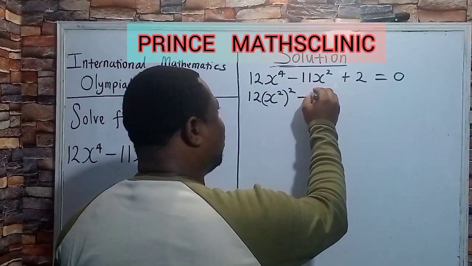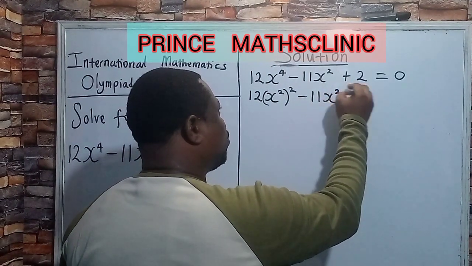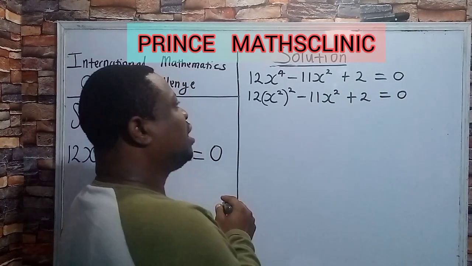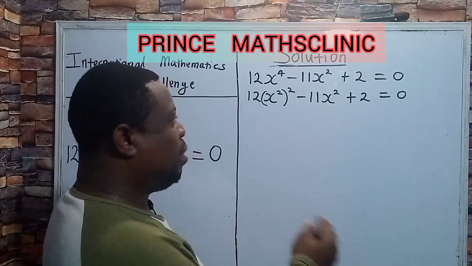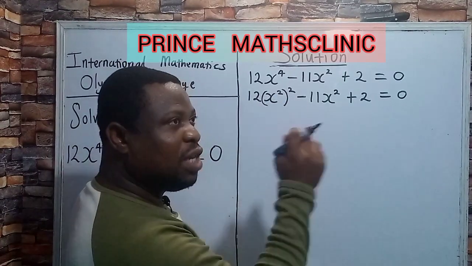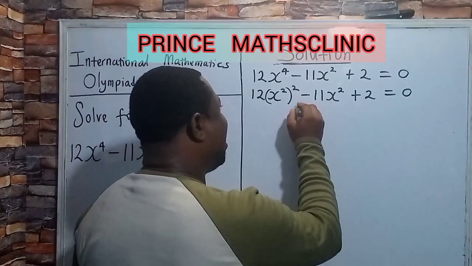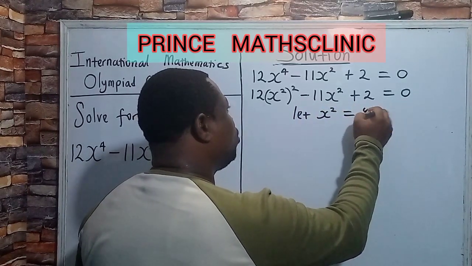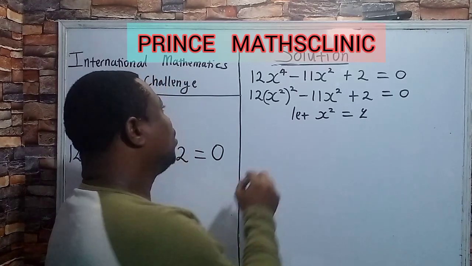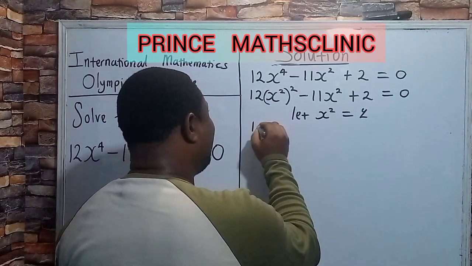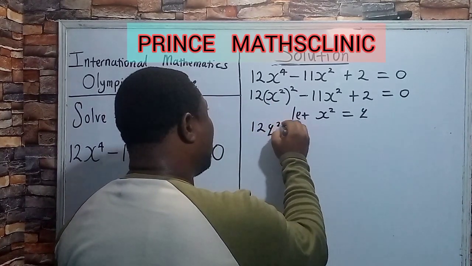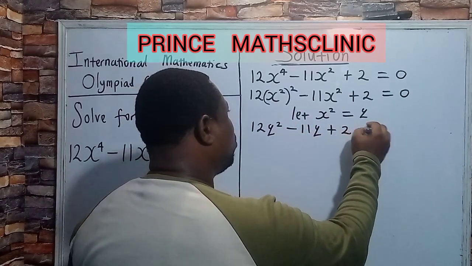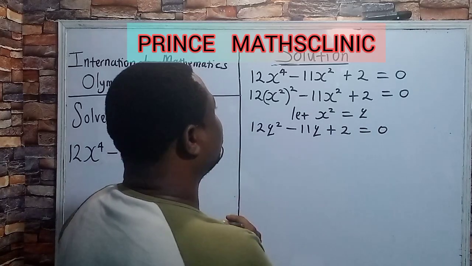So, minus 11x to the power of 2, then plus 2 equals 0. At this stage, I do what we call replacement, by replacing this with a variable. Let x squared be equal to q. So if x squared is equal to q, then this becomes 12q squared minus 11q plus 2 equals 0.